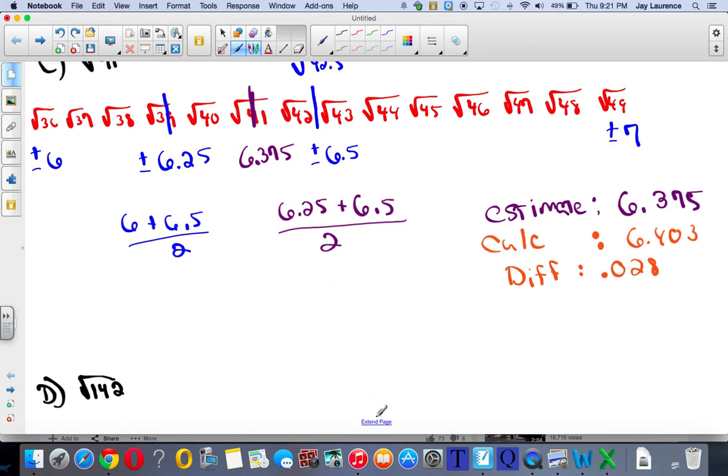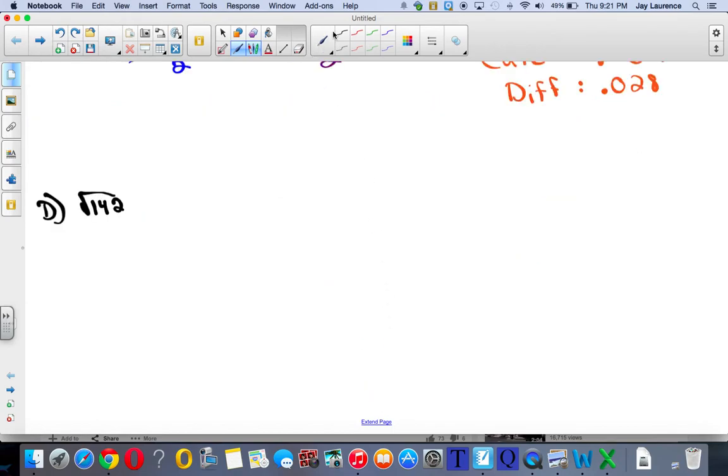Now this is rad 142. Now this one, I'm not going to write them all out. I know it's between 121 and 144, but that's a lot of numbers to write out. That's 24 numbers. I know that the rad of 144 is plus or minus 12.